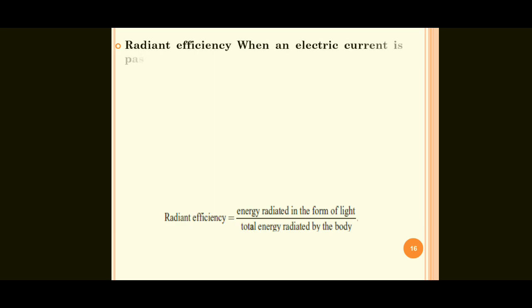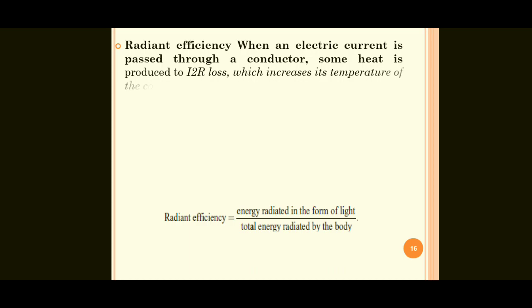Next one, radiant efficiency. When an electric current is passed through a conductor, some heat is produced due to I square R loss, which increases the temperature of the conductor.